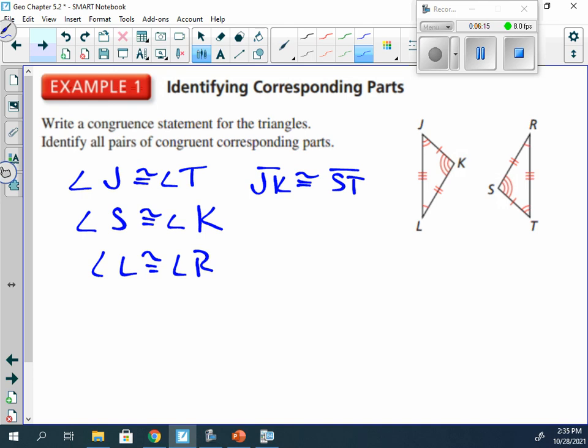So J to K has 1. S to T would have 1 as well. Yeah, we switched over to segments. Now what would be another line segment that we could use? RS is congruent to KL, because both of those have how many? 2. So they would be congruent. They would be corresponding.